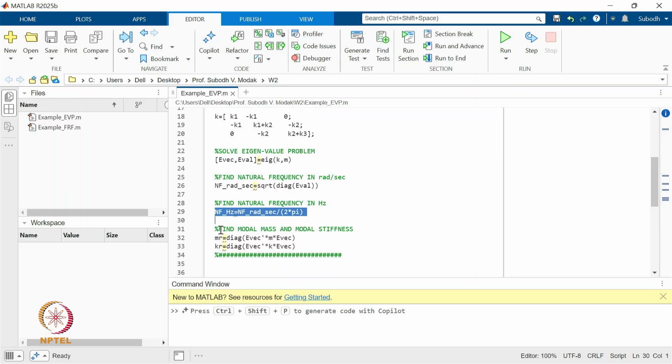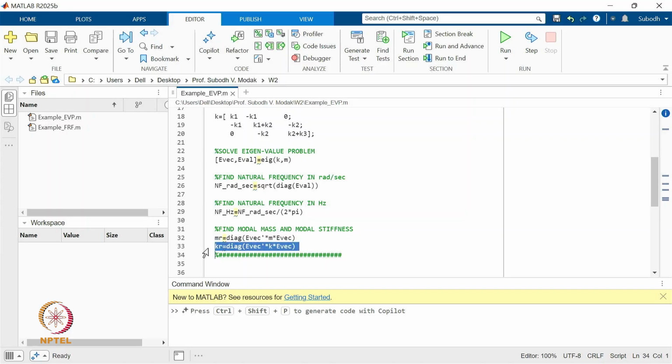Now to find modal masses and modal stiffnesses, I take the transpose of the eigenvector, multiply it by M, and then multiply by the eigenvector again: phi transpose M phi. This will be a diagonal matrix, and the entries on the diagonal are the modal masses, so using the DIAG command I extract the diagonal entries, and on the left hand side I get MR as the vector of modal masses.